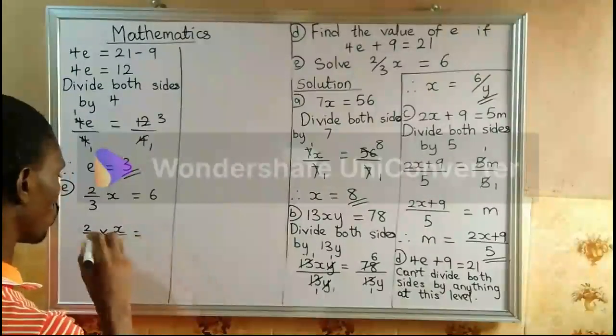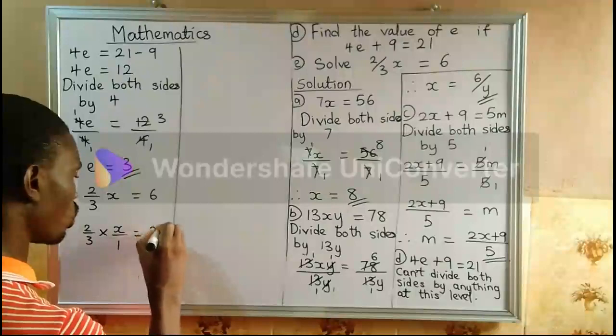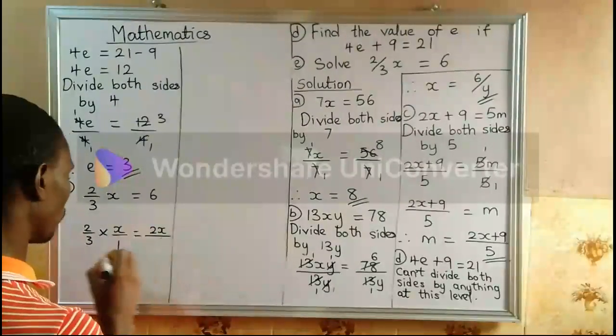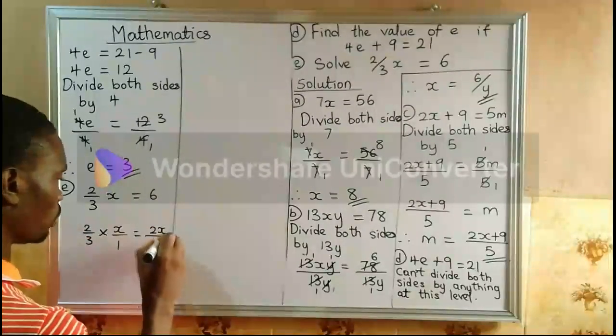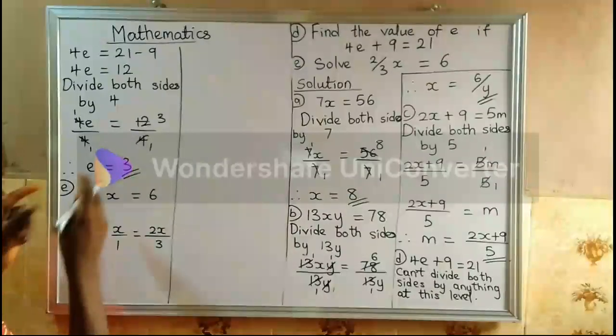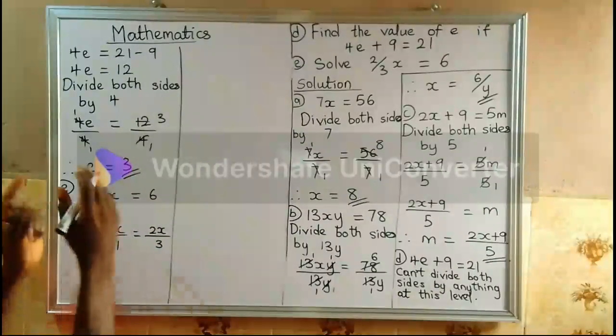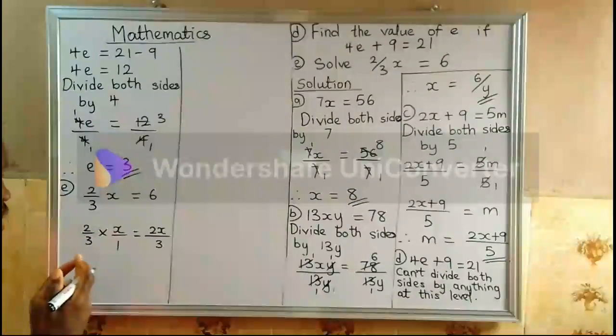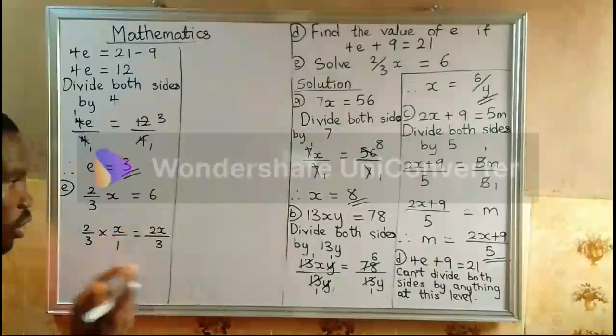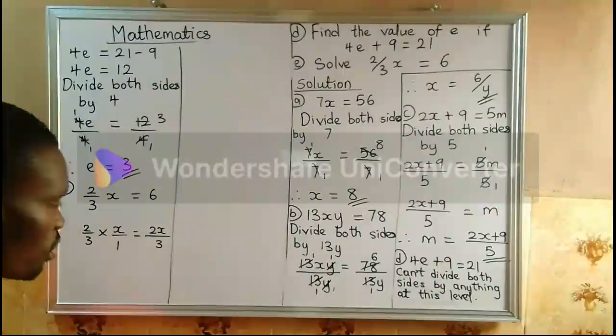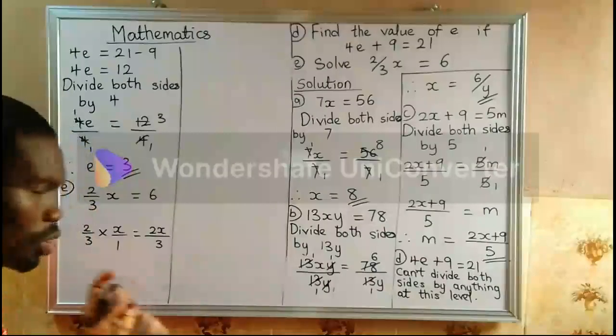So 2 times x, 2x, and also 3 times 1, 3. So 2 over 3x is the same thing as 2x all over 3. And that will lead us to what I want to mention now.